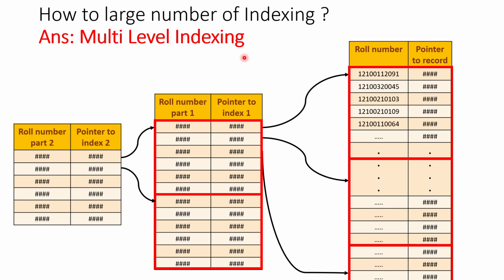So this multi-level indexing is formed because the number of indexes in a particular level is going to be very high. And if it is very high, then we divide this indexing into many more levels so that, as a whole, the total searching time is minimized.